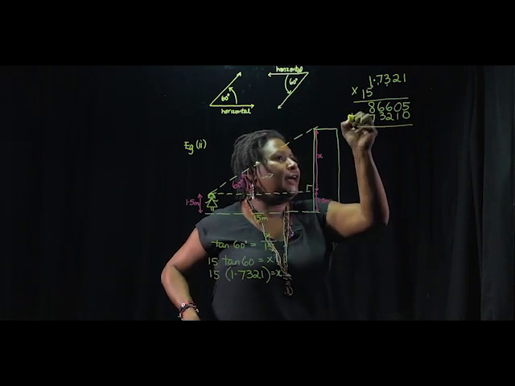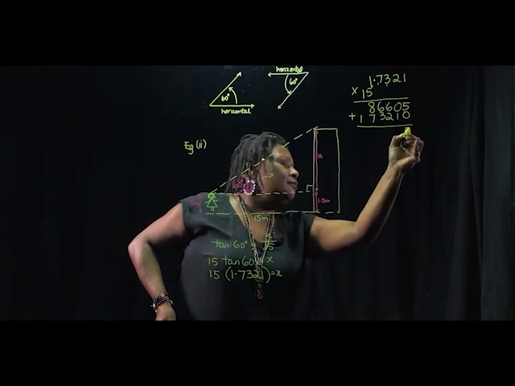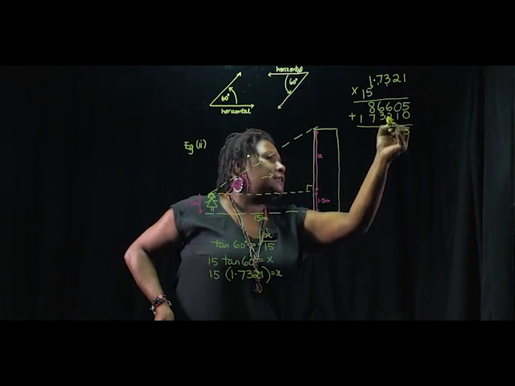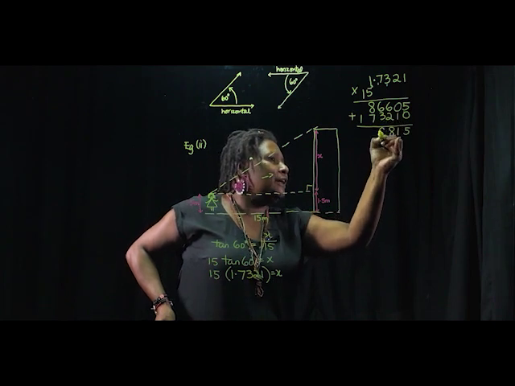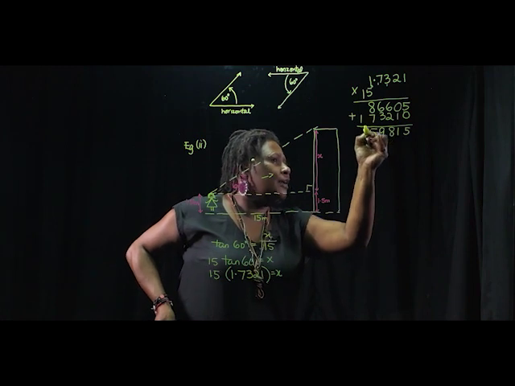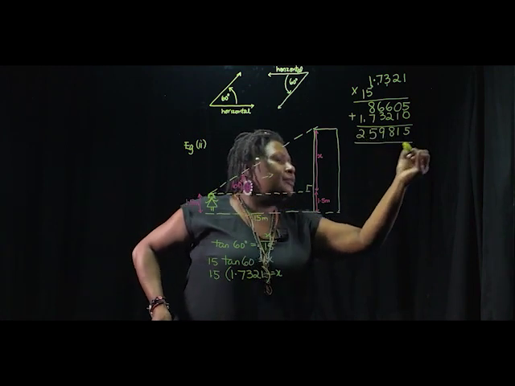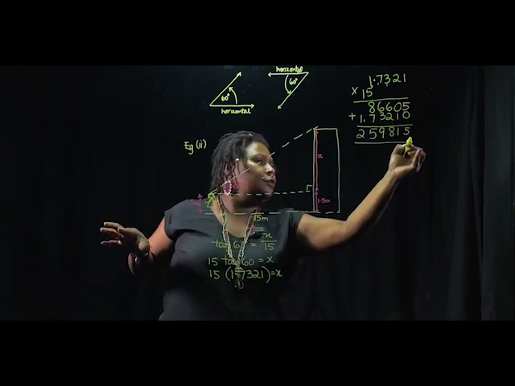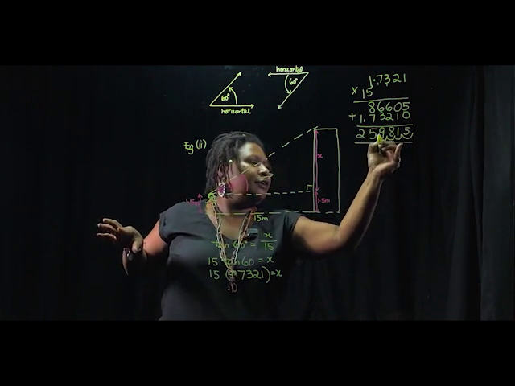Now we are adding. 5 plus 0, 5. 0 plus 1, 1. 6 and 2, 8. 6 and 3, 9. 8 and 7, 15. Put 5, carry 1. And 1 is 2. So we're moving the decimal point 4 times toward the right.